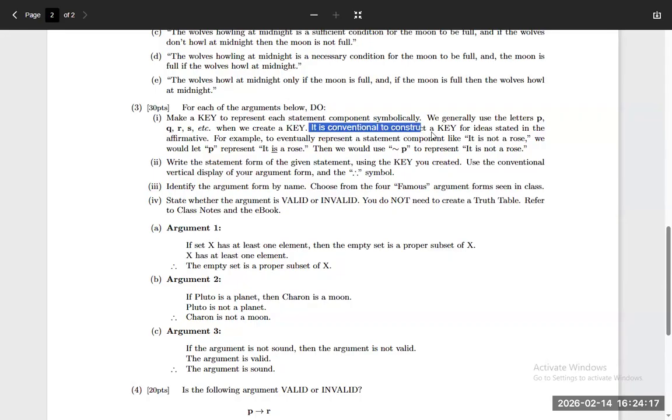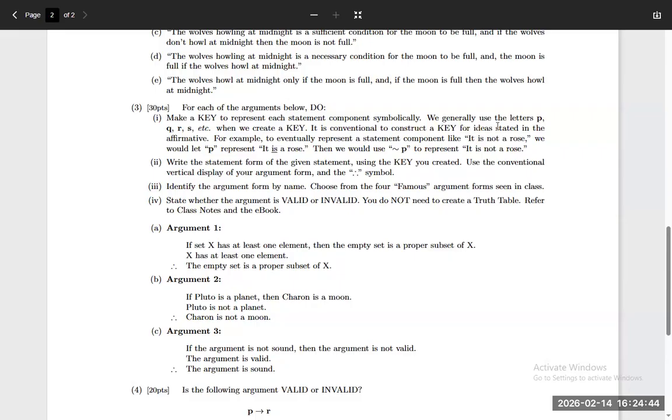It is conventional to construct a key for ideas stated in the affirmative. So perhaps that is a difficult sentence for you. Do you know what it means to say it is conventional? Yes. Do you know what it means to construct a key?